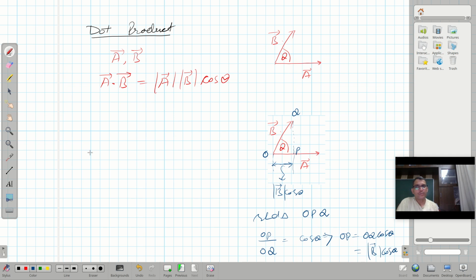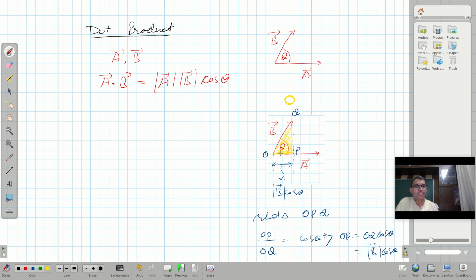And there is also another interesting thing which we have to see. If I put a source of light over the head of B, then it casts a shadow. This is the shadow region. So that means this is the projection of B vector along A vector.